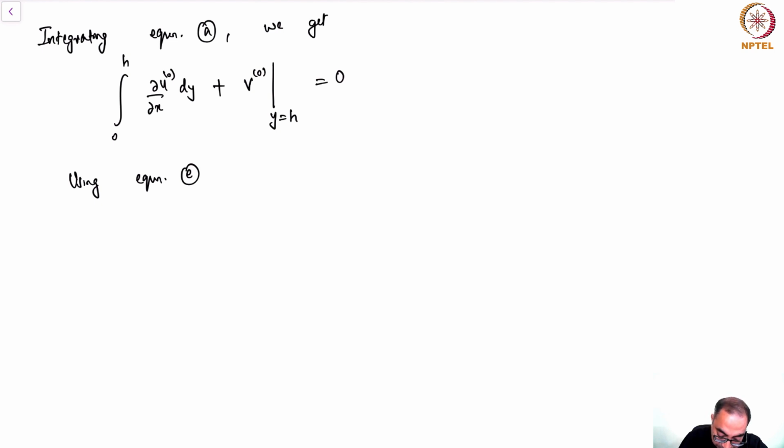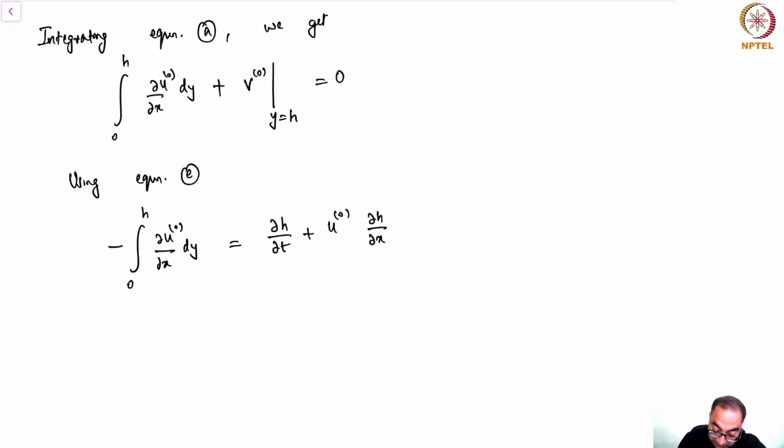So I have minus the integral from 0 to h of ∂u0/∂x dy. This is the V0 at the interface. This will be ∂h/∂t plus u0 ∂h/∂x.